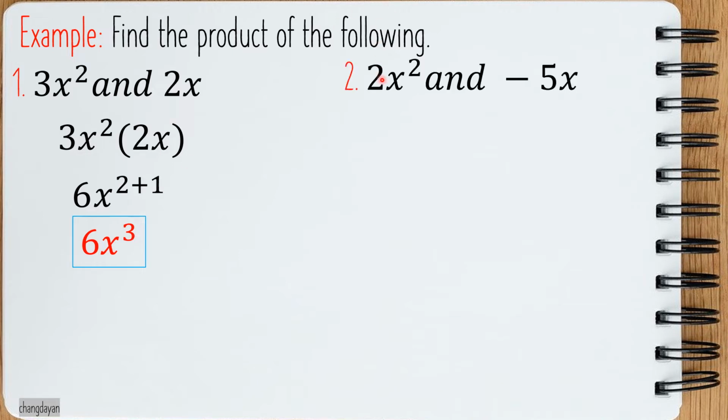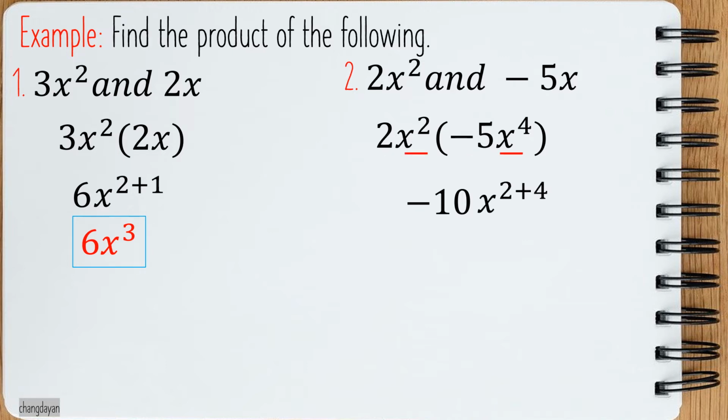Number 2, multiply 2x squared and negative 5x. So you have here 2 times negative 5 is negative 10. Then multiply x squared and x to the fourth.